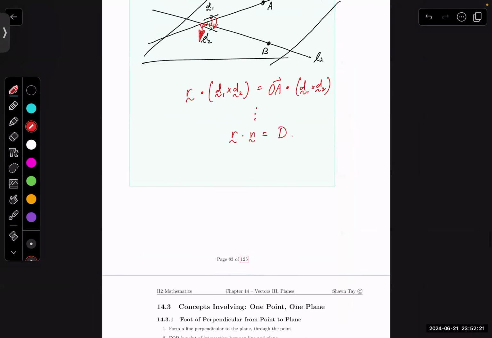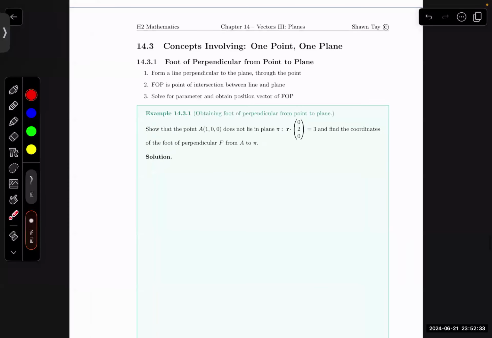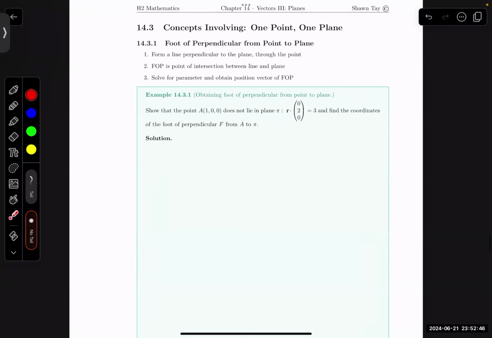Okay, next one. Now you have all the possible concepts. Okay, I will very quickly scroll through. Okay, you have concepts involving one point and one plane. You can find foot of perpendicular. The instructions are here. Okay, so I will come back to this.